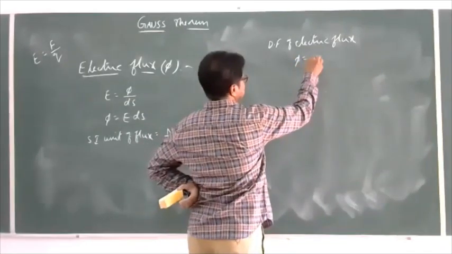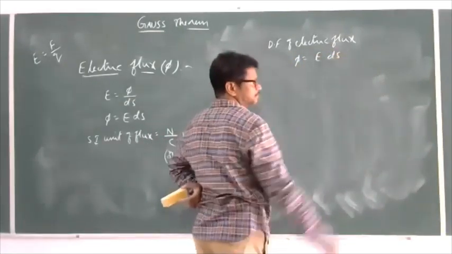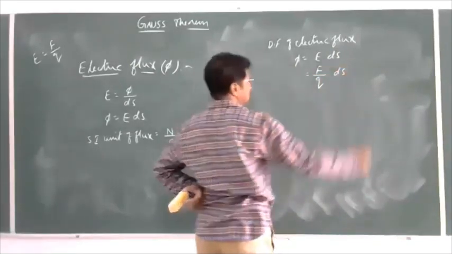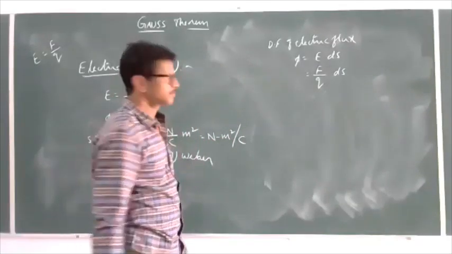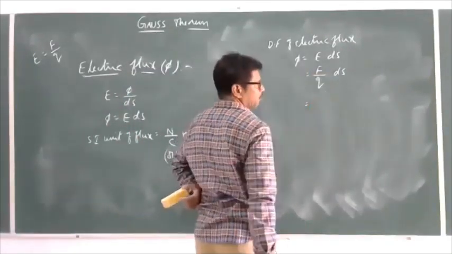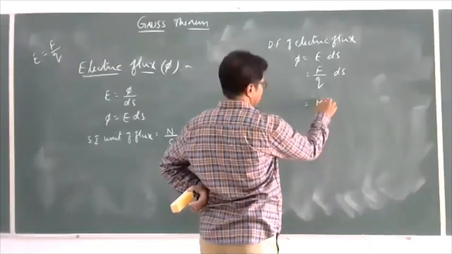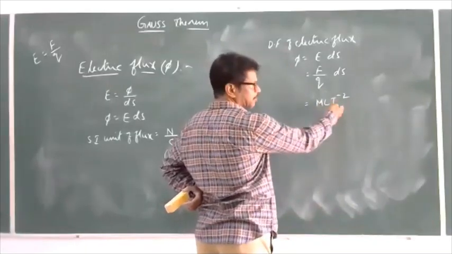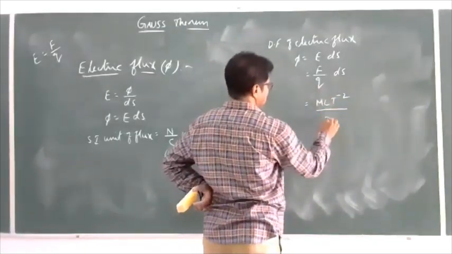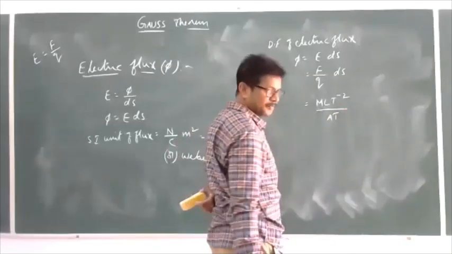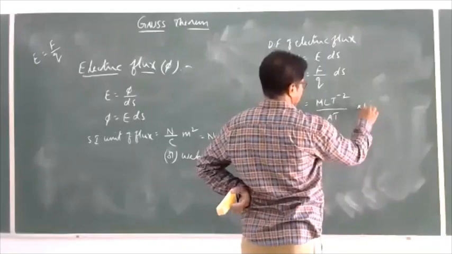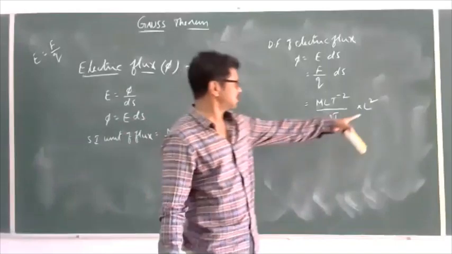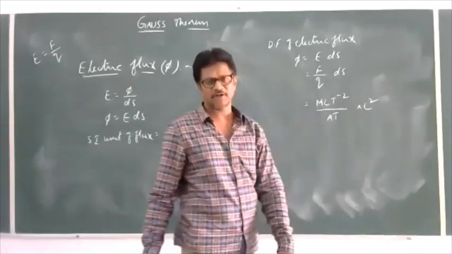As we know, flux is equal to E into ds, whereas E is equal to F by Q, into ds. F is nothing but the force. The dimensional formula for the force is M L T power minus 2, by doing the mass into acceleration. The dimensional formula for the charge is AT. The dimensional formula for the area is meter square. Meter represents length, so L square is the dimensional formula.